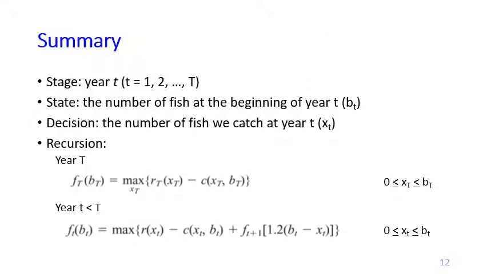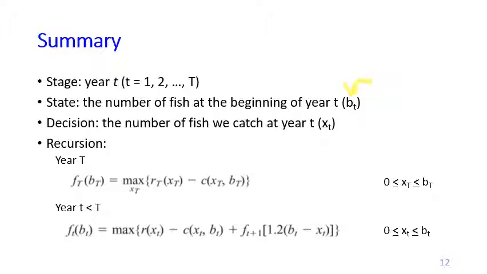So here's the summary of all the things that we have defined. The stage is year from 1 up to big T. The state is the number of fish at the beginning of the year t, which is denoted by bt. And then the decision at each year is how many fish we catch, which is denoted by xt.